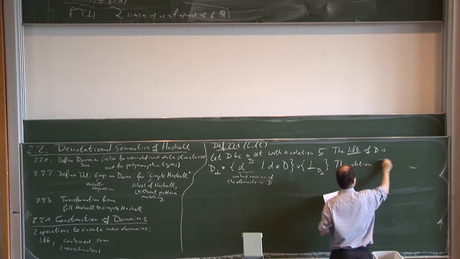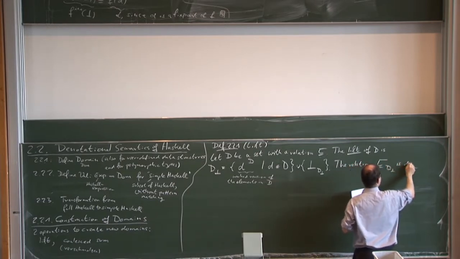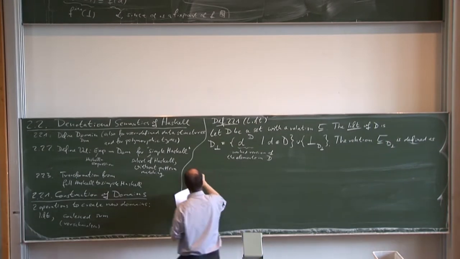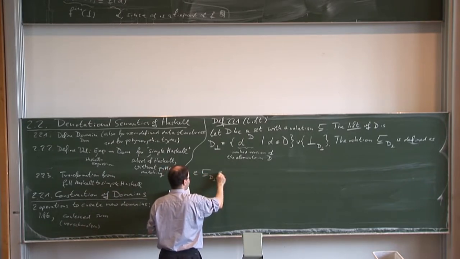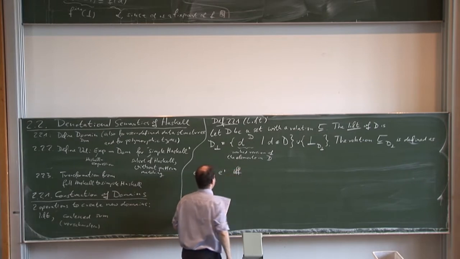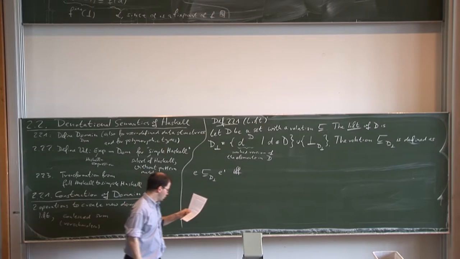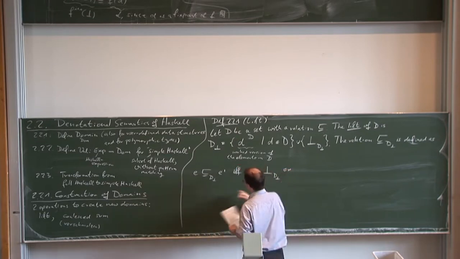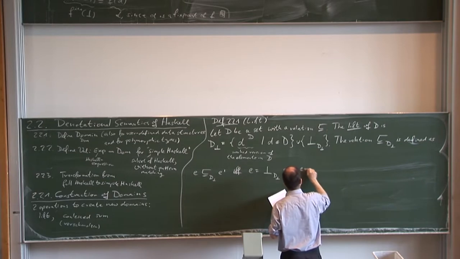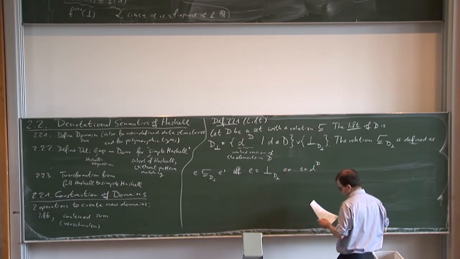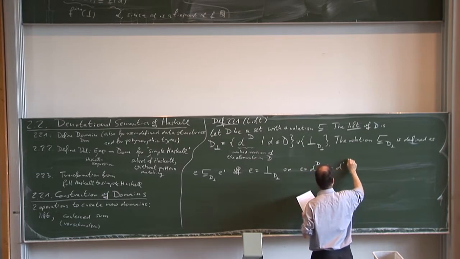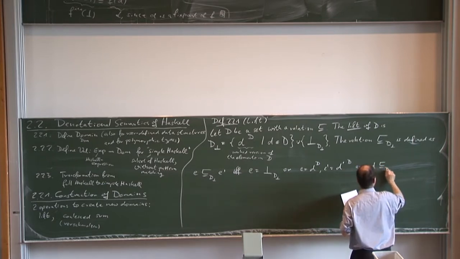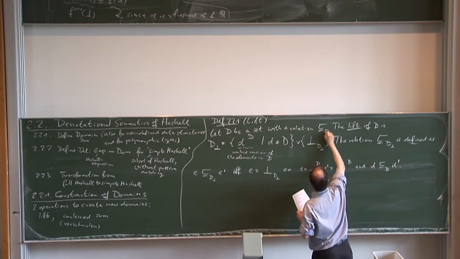The relation less defined or equal on D bottom is defined as follows: an element e is less defined or equal in D bottom than e prime if, and only if, either this is the new bottom element, or they both come from D. So this is an element d from the old set capital D, e prime is also an element d prime from the old set capital D, and in this old set, d was smaller or equal than d prime. So this is this relation from D.